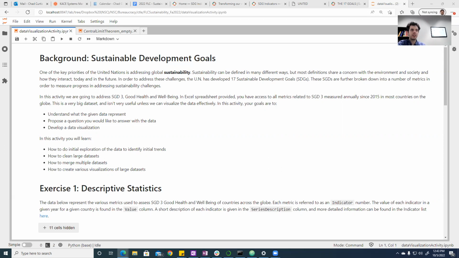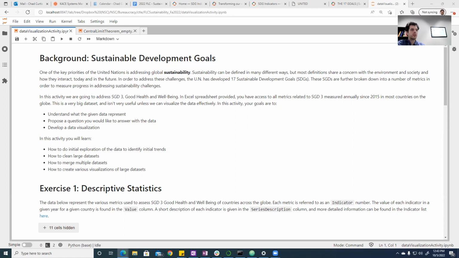A couple of objectives in this activity. We're going to be working with a unique data set. We've already worked with a plant data set in class that we grew ourselves. We also worked with a very large open source data set available through the National Health and Nutrition Examination Survey.